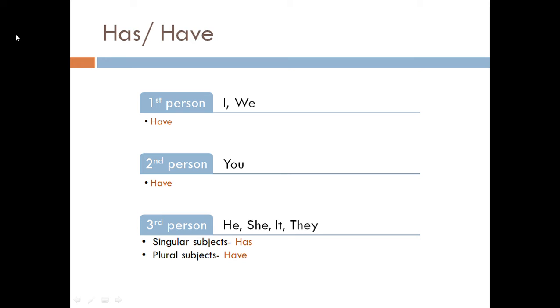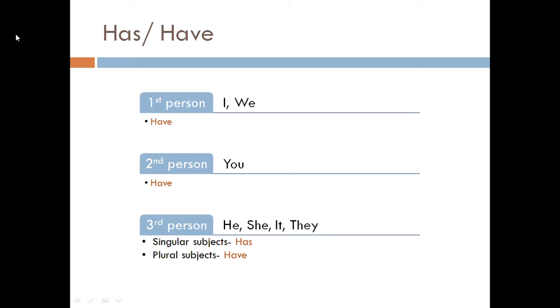Now the use of has and have. This is very important. Now where to use has and when to use have? If the subject is first person, that is I or we, add have after the subject. I have, we have. If the subject is second person, that is you, we add have.